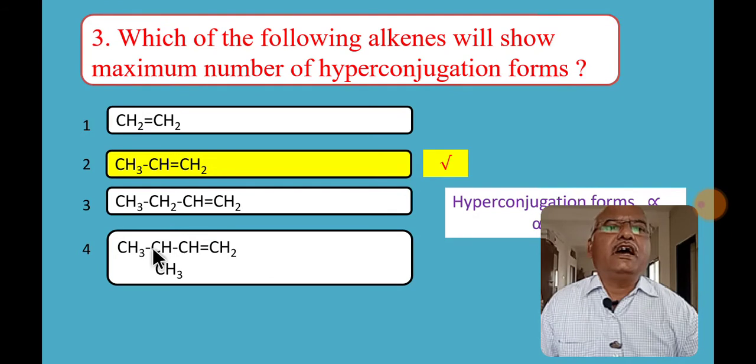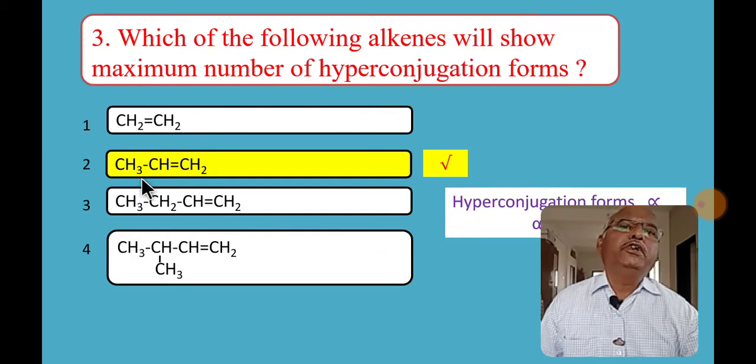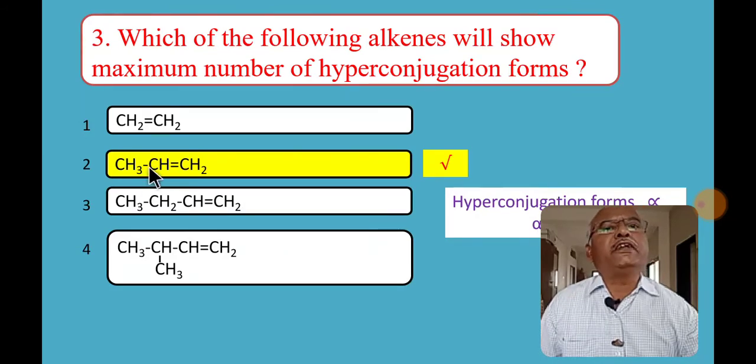This is an alpha carbon and here is only 1 alpha hydrogen. Hyperconjugation is directly proportional to the number of alpha hydrogen atoms. In the second example, alpha hydrogens are 3, therefore that is the correct answer.